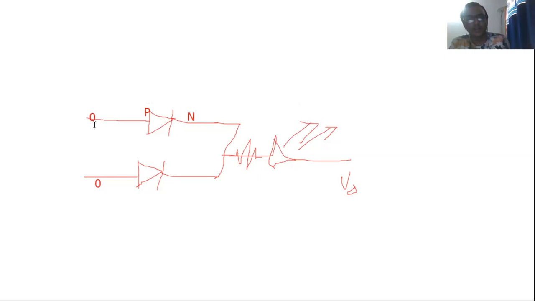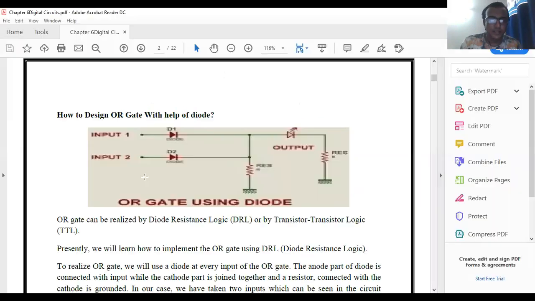Why? Because 0 is applied, so the diode acts as a reverse bias, so it can be considered an open circuit. So the diode cannot be turned on. So 0 input, output is 0.